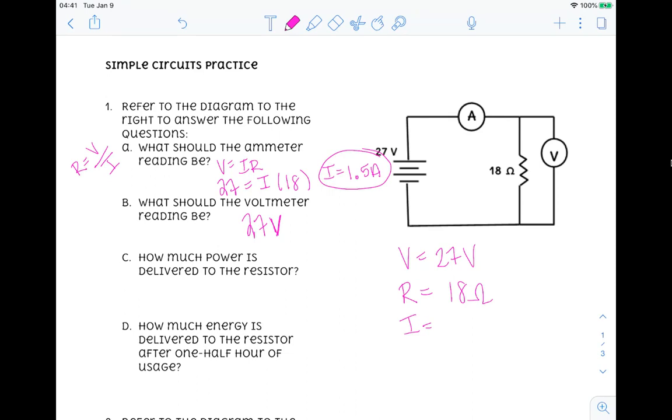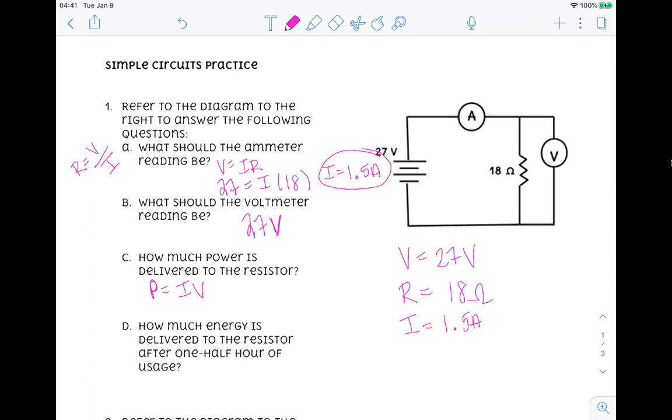See how much power is delivered to the resistor? Okay, well, I know that I'm looking for P. In order to solve for P, I can now fill in 1.5 amps into my givens over here. You can use any formula that you would like as long as you're given the information. So for me, I'm going to choose P equals IV. You could use V squared over R. You could use I squared times R. As long as you are using what you have, that's totally fine.